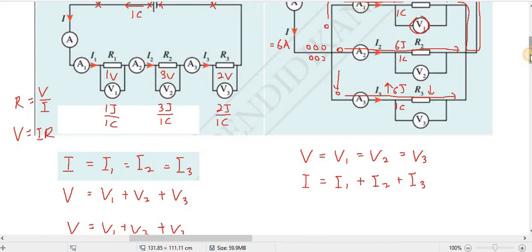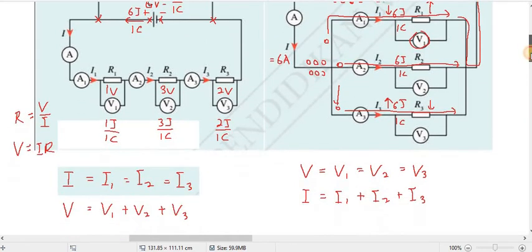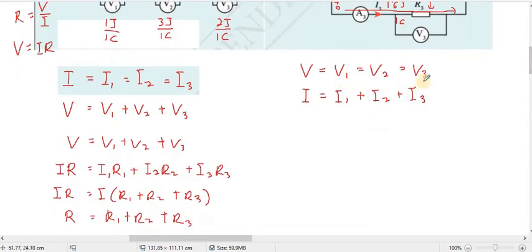Okay, if no question, we want to look at how to calculate the resistance. From this current, how to calculate the total current? We use V over R. Total potential difference divided by total resistance, you get total current.